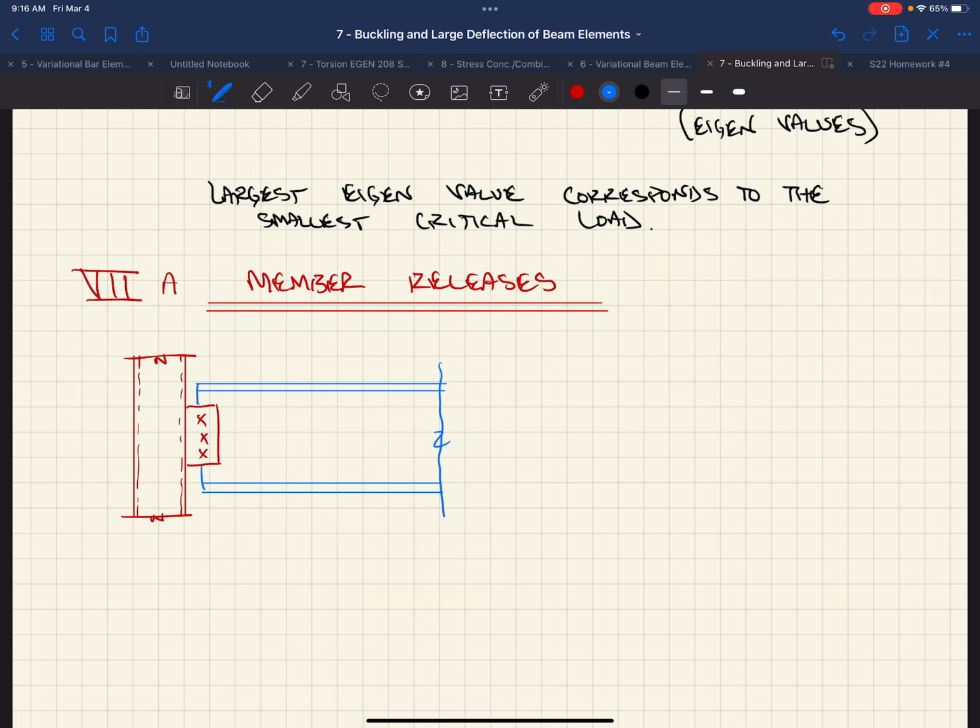Or in this case, it might not rotate, and so some connections may not transmit all of our forces. In this case, we're talking about our R1s and M1s, right?